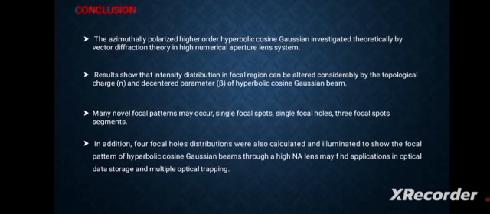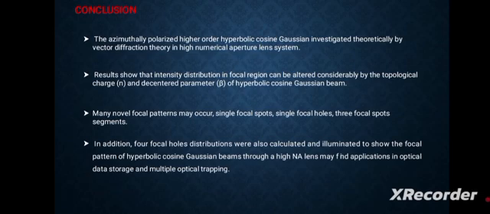Conclusion. The azimuthally polarized higher order hyperbolic cosine Gaussian beam was investigated theoretically by vector diffraction theory in a high numerical aperture lens system. Results show that the intensity distribution in the focal region can be altered considerably by the topological charge n and decentered parameter beta of the hyperbolic cosine Gaussian beam.